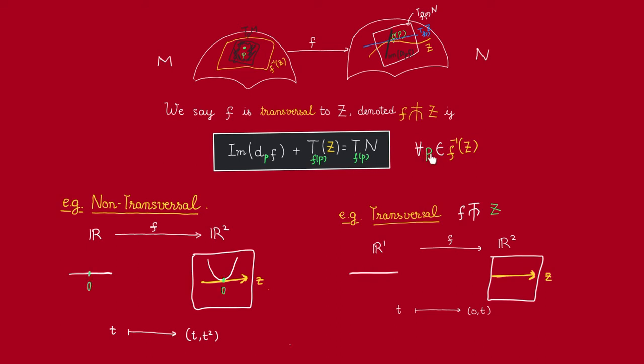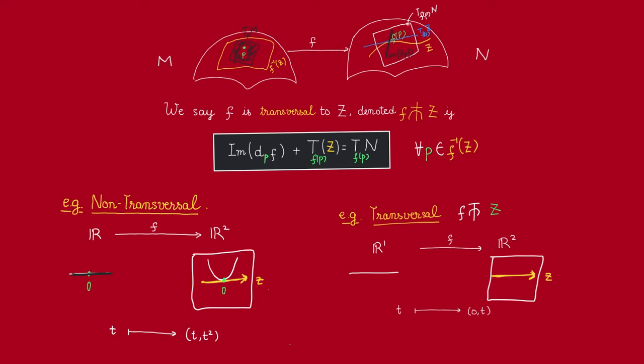So let's take P to be the origin. The image of the origin is still the origin. Let's show that this equality does not hold here. First, what is the image of the tangent space of the origin? Let's identify the tangent space to the origin in the plane as the plane itself. Then with that identification, what is the image of the tangent space to R at the origin?